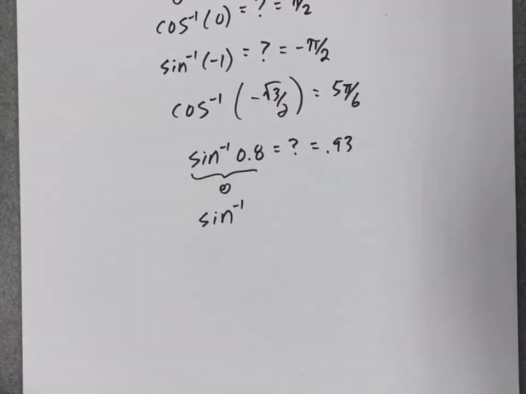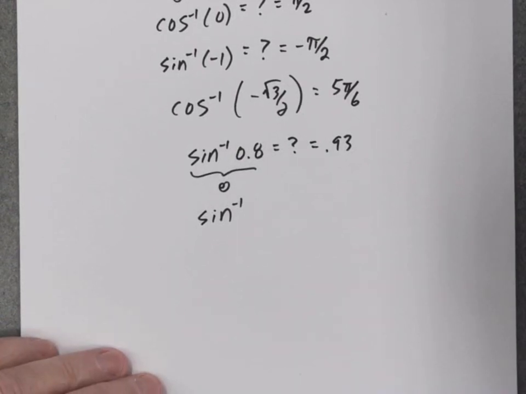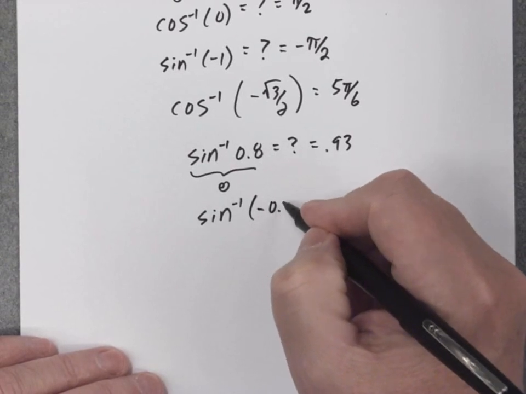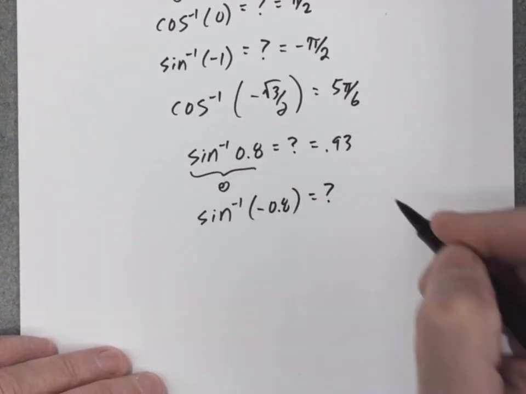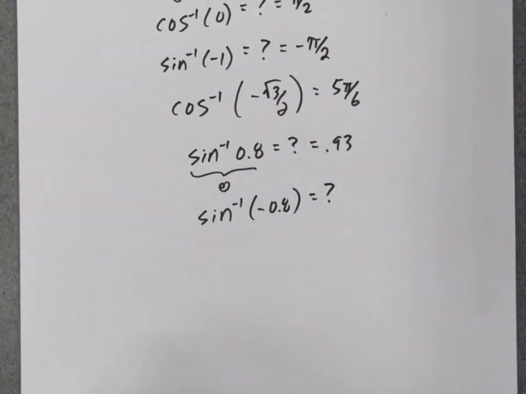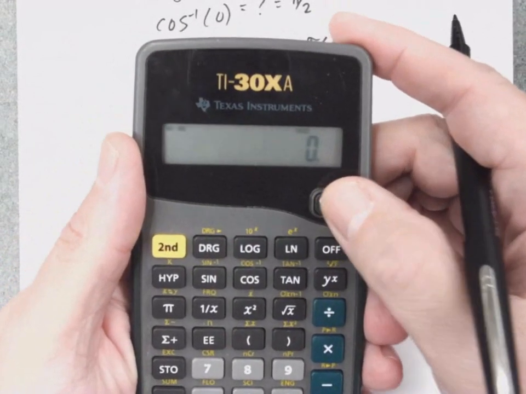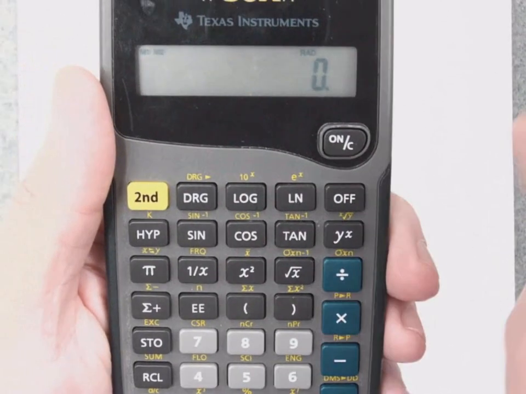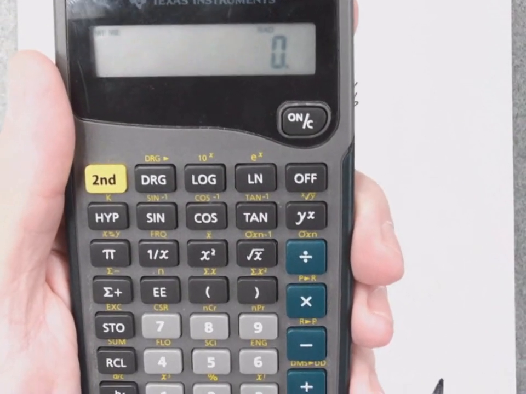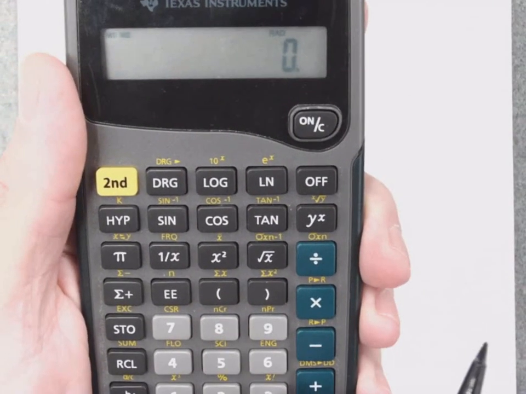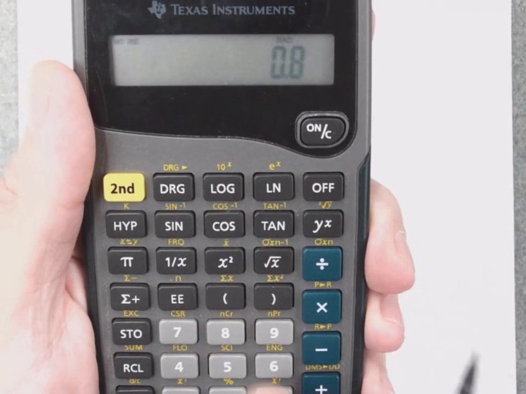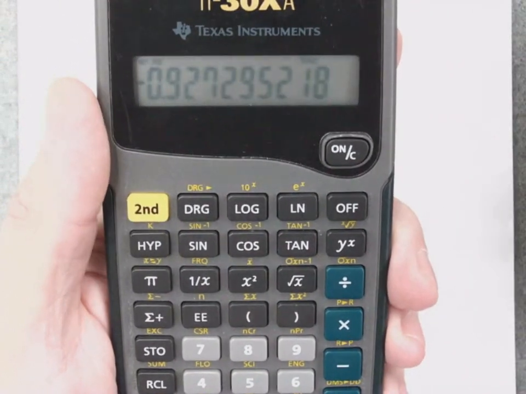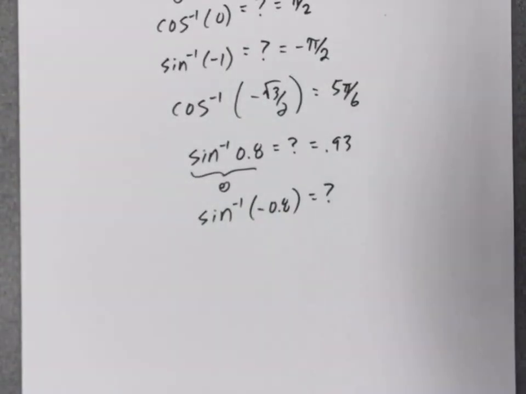What if I did inverse sine of negative 0.8? You don't have to think about it too much because you just grab your calculator, put in negative 0.8, and once again, you get negative 0.927, or negative 0.93.